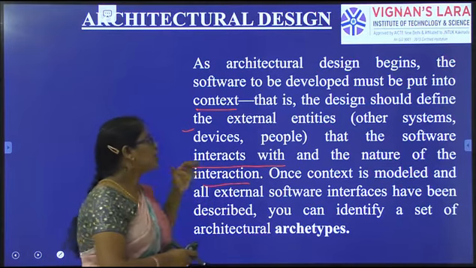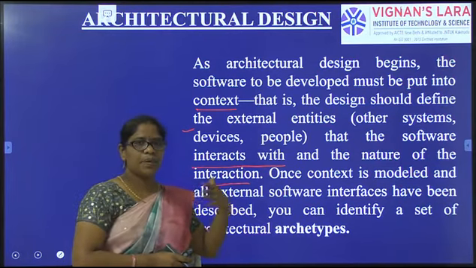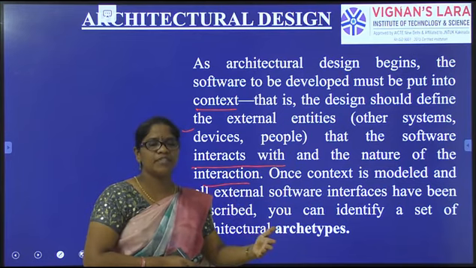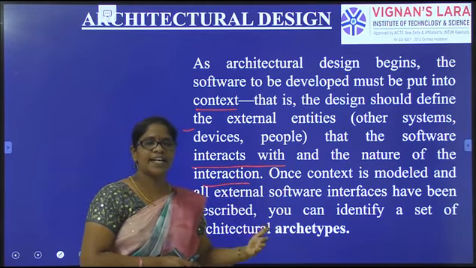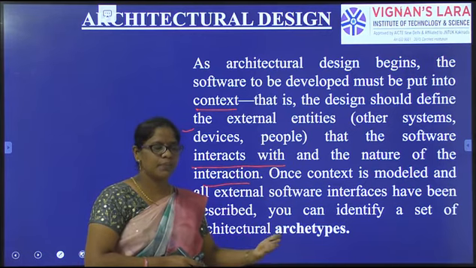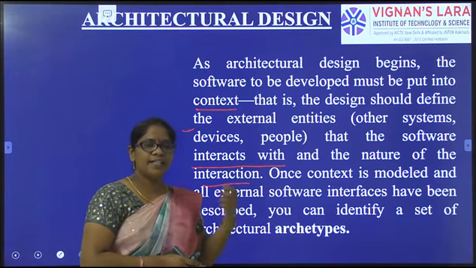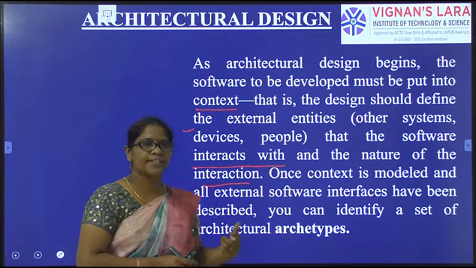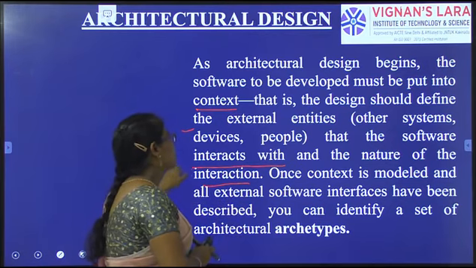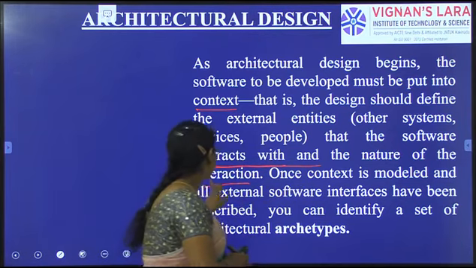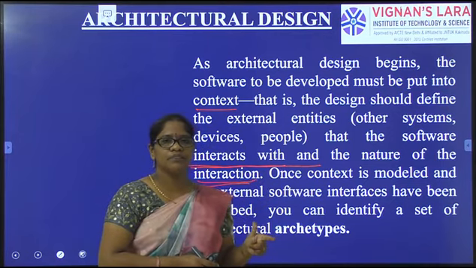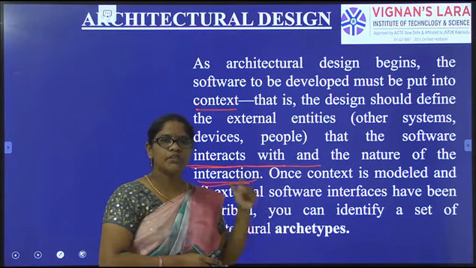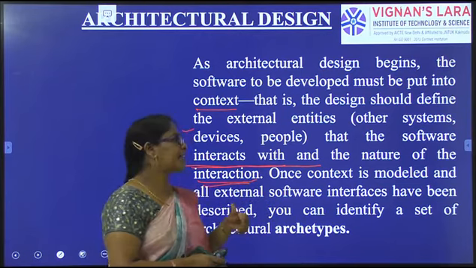That means how humans are interacting with the system, how the system handles errors caused by people, or if any device is connected, how the software acts. What type of interaction is going on, whether through the mouse or by touch?